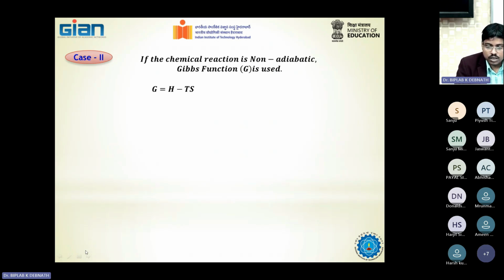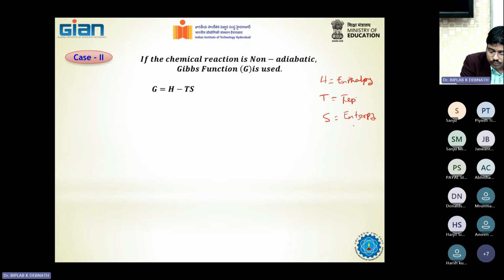Now we know that the Gibbs function is G equals H minus Ts, where H is enthalpy, T is the temperature, and S is entropy.